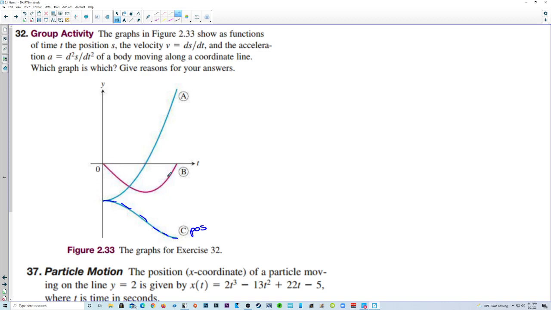And this graph is always negative, so this must be the velocity, because it's the derivative of the position function. And then the slopes change from being negative to being positive, and this curve changes from negative to positive, so this must be the second derivative, or the acceleration.